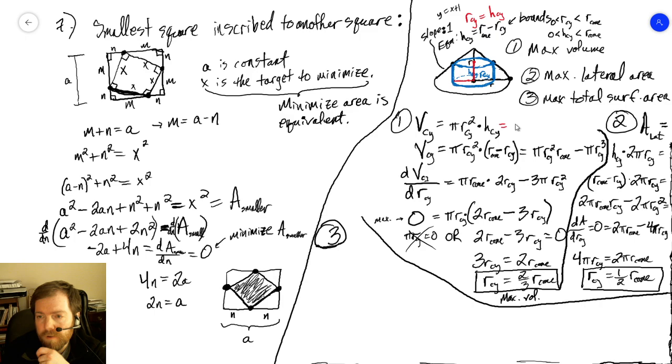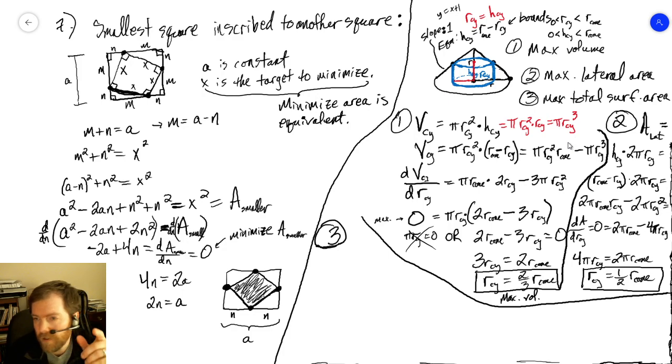So this could be equal to pi r cylinder squared times r cylinder, so pi r cylinder cubed. This could be much easier. Oh no, because then we get the problem that we had on the other one too.